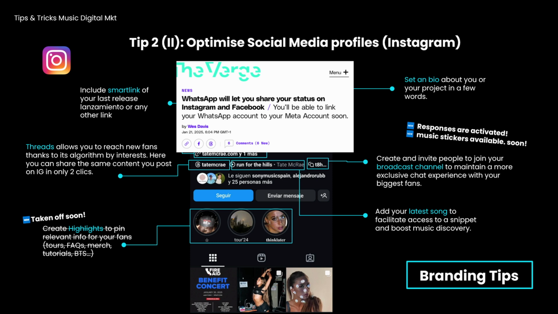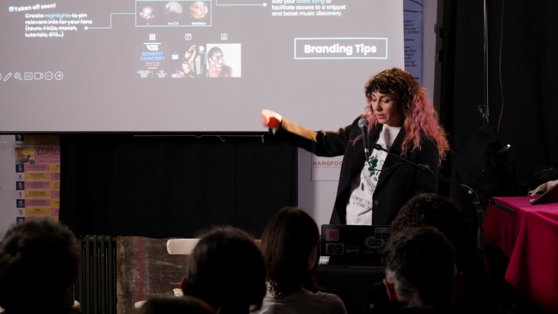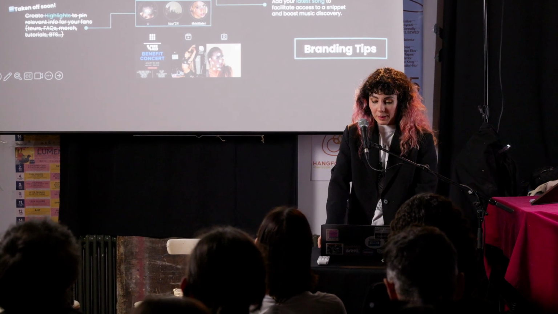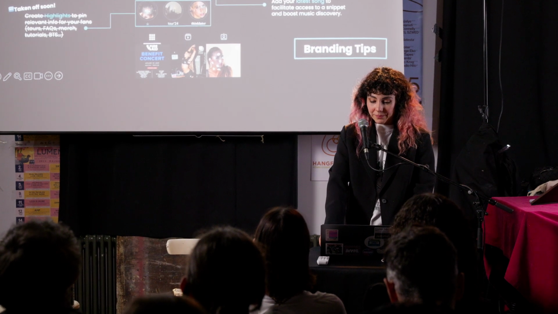Maybe right now it is not of your interest, but I was highlighting that on WhatsApp you can post a status, which is like stories. So you're going to have the possibility of cross-posting on Instagram and Facebook. And this is quite new. This news is from January, from last week.